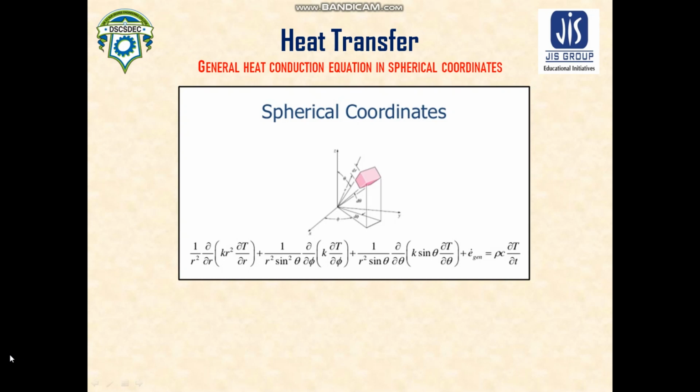Now, if you remember, for the heat transfer case taken as one-dimensional steady state heat conduction without any kind of thermal energy generation, the equation reduced to this. So this was for a steady state one-dimensional problem without any kind of thermal energy generation.